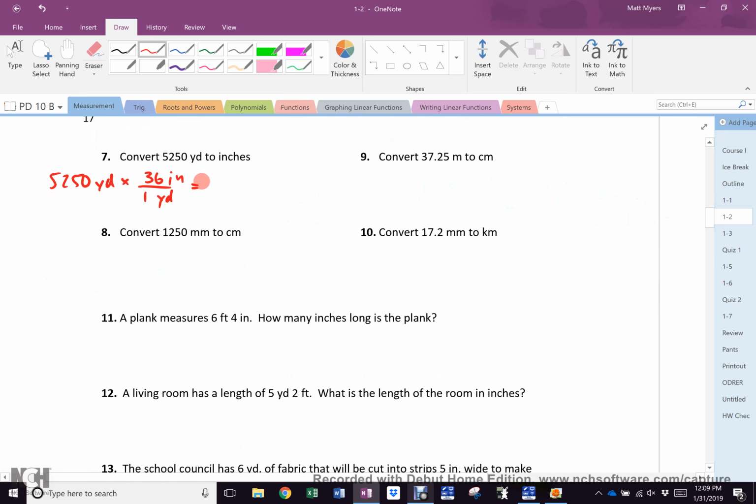So, are there more yards in an inch or inches in a yard? There's more inches in a yard. So if I'm going from yards to inches, I must be getting a significantly bigger number, which, if I'm not mistaken, is 189,000. Is that a real life question? Of course not. You would never measure that many yards in inches.